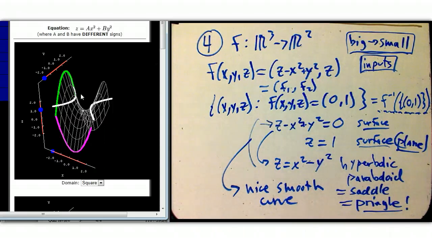And one other thing to notice is one reason it is nice is that the plane, they don't put the plane in here, but you can fairly easily imagine the horizontal plane that's creating this white intersection. When it intersects the surface, it really cuts through it. It's what an intersection is called transverse. In particular, they're not tangent.